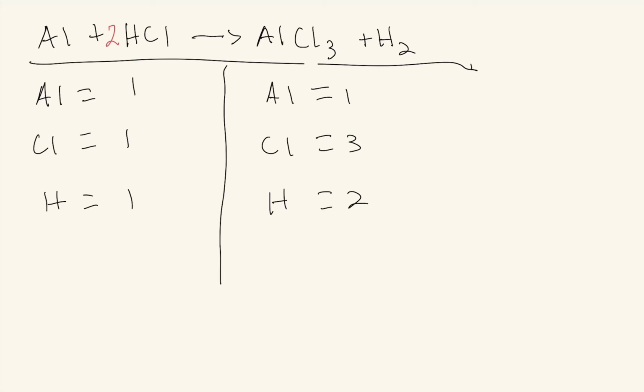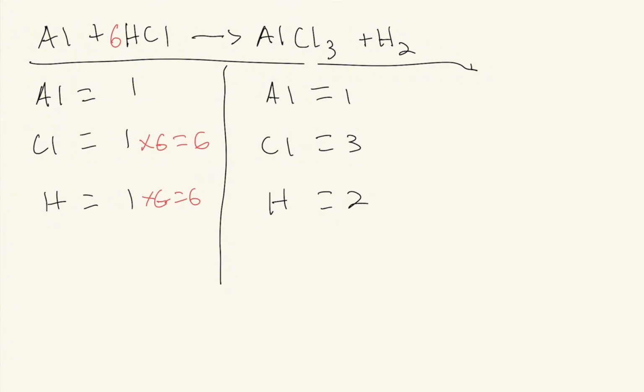So we have to find a common denominator of both of those in order to balance it. And I think the most common denominator in this example will be a 6, giving us 6 hydrogens and 6 chlorides. And then on the right side, we're going to have to fix that.